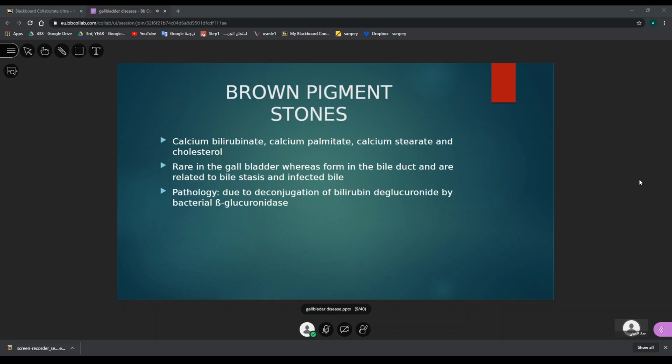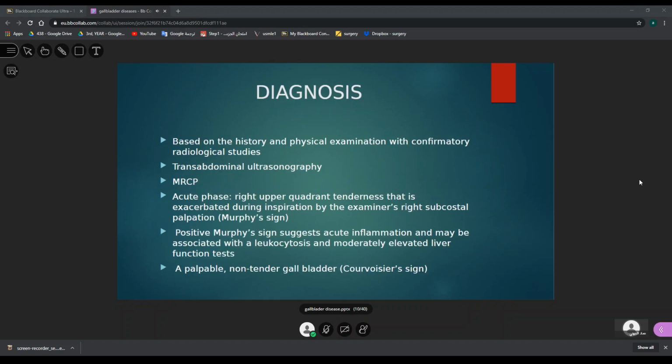How do we diagnose patients having gallstones? Based on the history and physical examination with some radiological study. We do for those patients abdominal ultrasound. Sometimes we need to do MRCP. In the acute phase, the patient has right upper quadrant pain and tenderness that is exacerbated during inspiration while your hand is in the right upper quadrant keeping deep palpation.